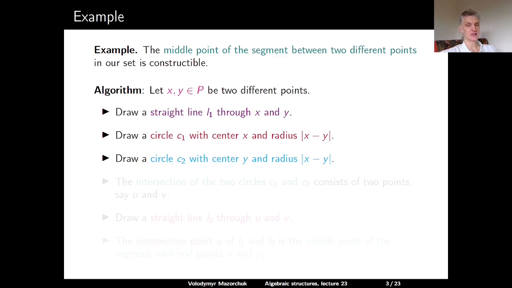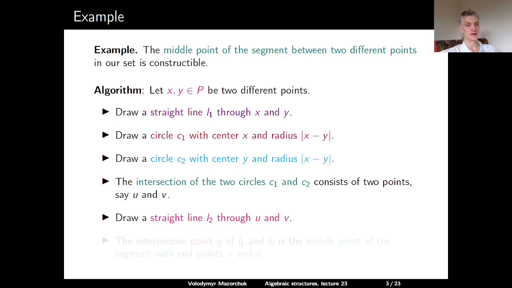The radius is the distance between x and y. The intersection of these two circles consists of 2 points, which we call u and v. And then we draw a straight line L2 through u and v. And the intersection of the line L1 and the line L2 is the point which we call Q, and this is the middle point of the segment with endpoints x and y.